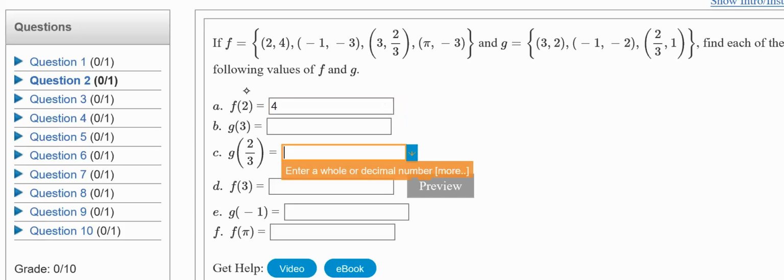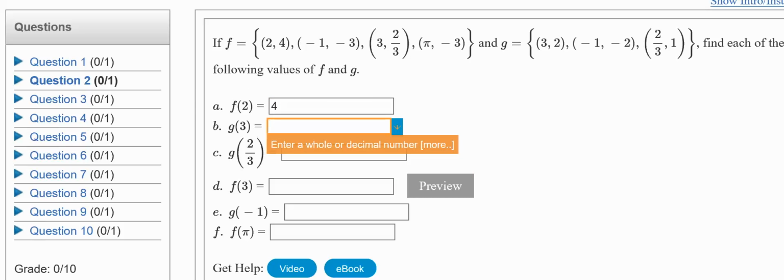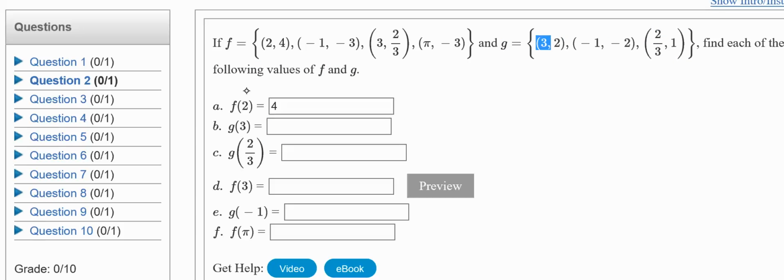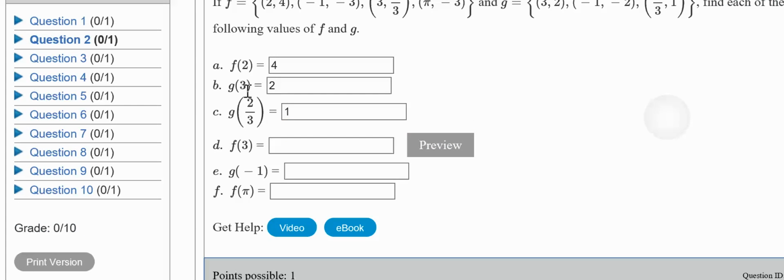Okay, the next one on the list here. So inputting 3 for g, well, that's going to be this little part right here. Let me highlight that as I go. There it is. Input of 3 for g gives you a 2 on the outside. So let's go with the 2. Now input of 2/3 for g, the output's going to be just a 1. So let's enter that 1 there.